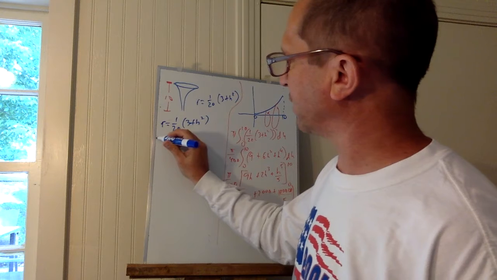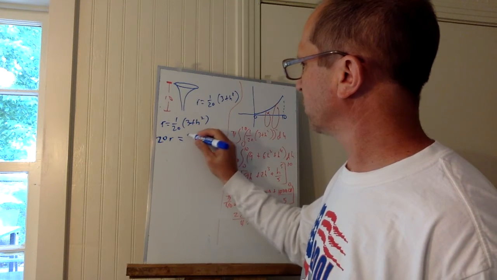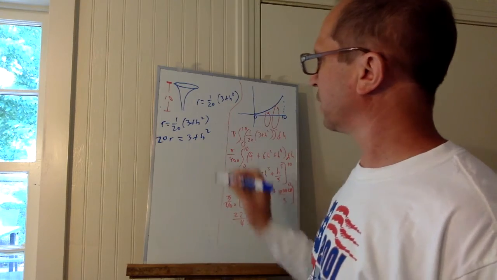Before I do that, I'm going to make this 20r equals 3 plus h squared.